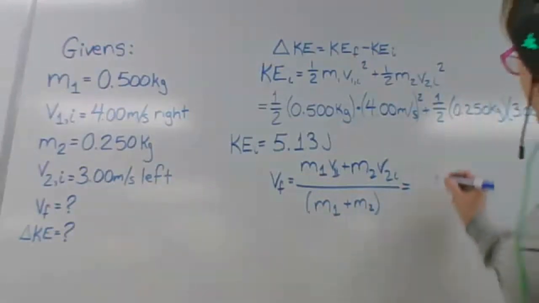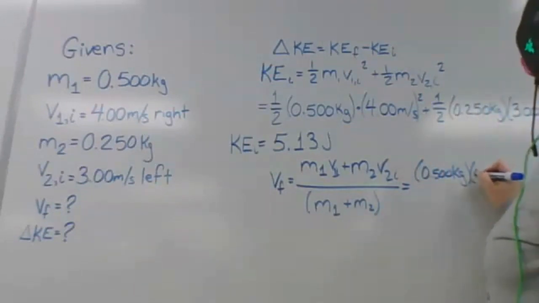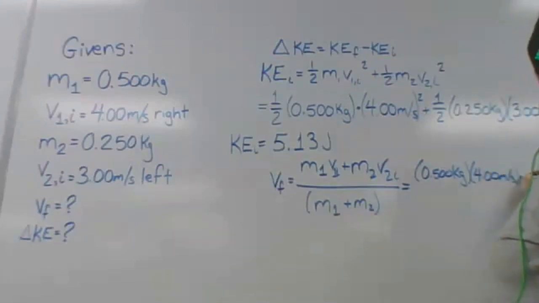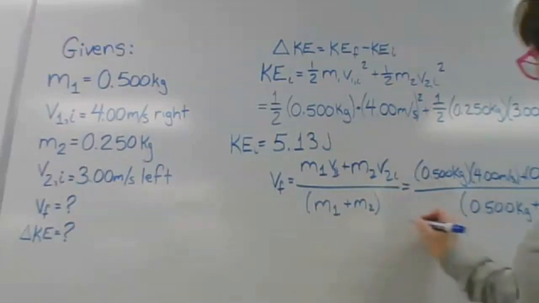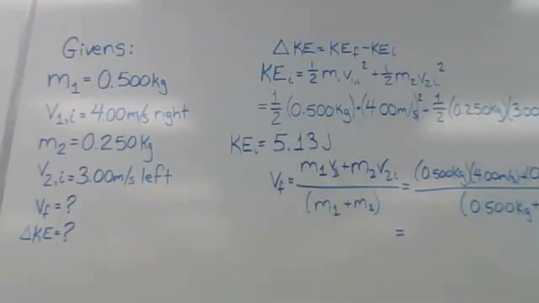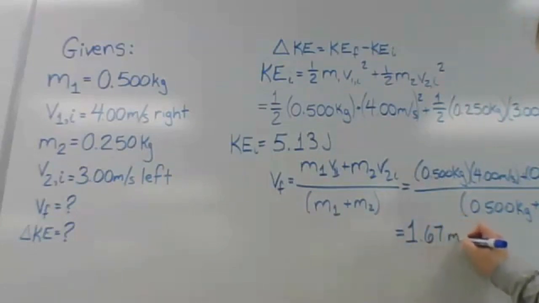So that is 0.500 kilograms times 4.00 meters per second plus 0.250 kilograms times a minus 3.00 meters per second, divided by the masses added together, 0.500 kilograms plus 0.250 kilograms, and that equals 1.67 meters per second to the right.